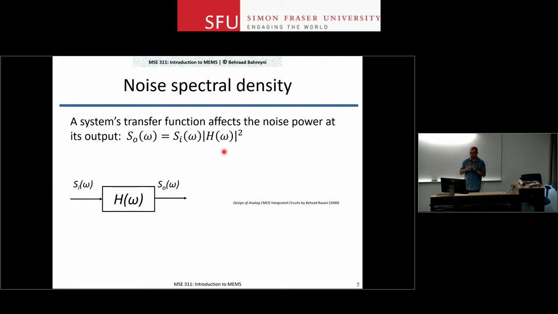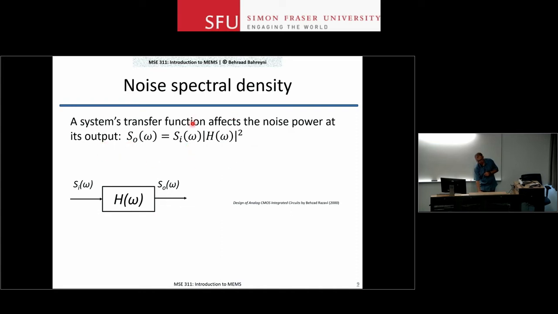I'm just going to make some introductions here and move into the calculations relatively quickly, just concepts. So again, the takeaway is that if you put a system in your signal path, the frequency response of that system affects the power spectral density of your signal. That's expected. But how? Well, it does it through this expression.